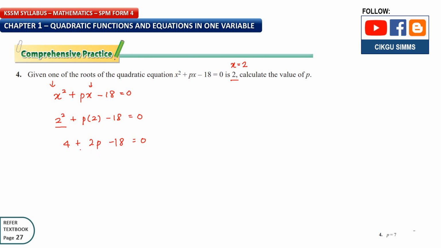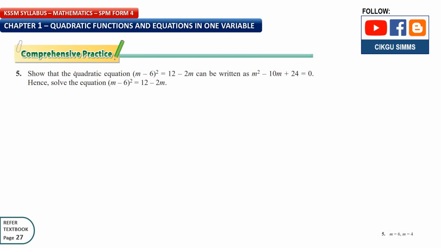And then 4 minus 18 is negative 14. And then 14, move it there. You get positive 14 over 2. So you get positive 7.